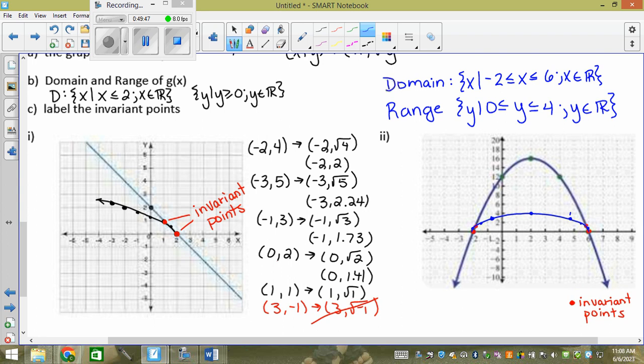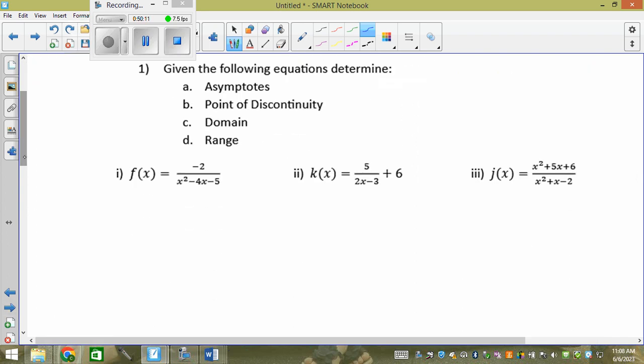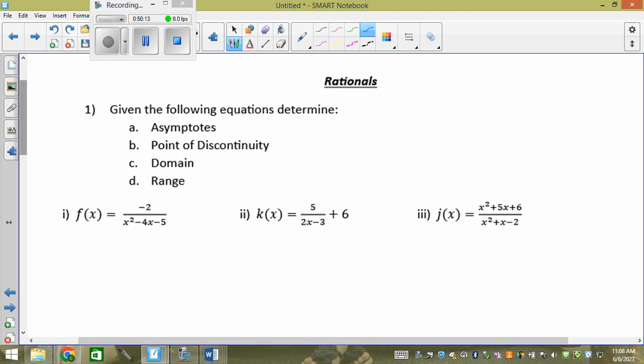Okay, then we're flipping over to rationals. If I give you rational graphs, first thing you're always going to have to do is factor. Remember, if they cancel off, there's a point of discontinuity. If they don't cancel off, there's not.